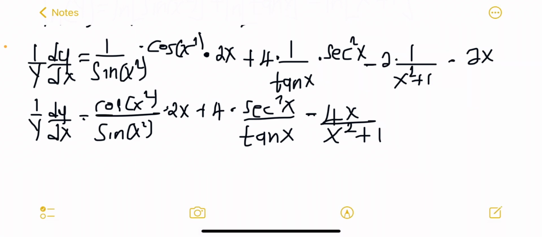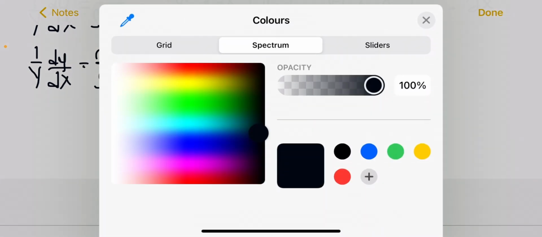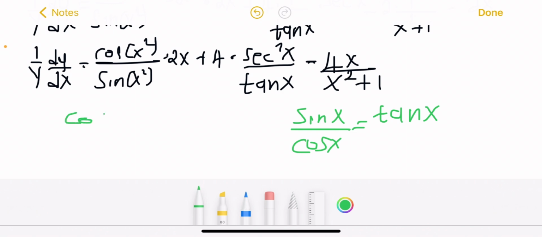Looking at this, we know that sine of x over cos of x is tan of x. This means that cos of x over sine of x is equal to cot of x.